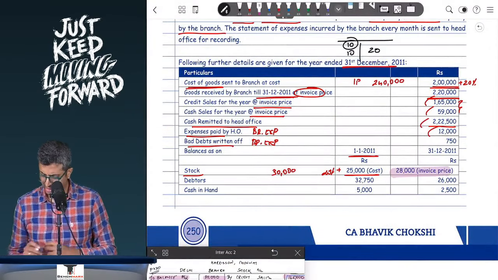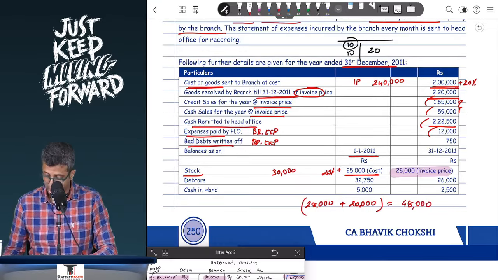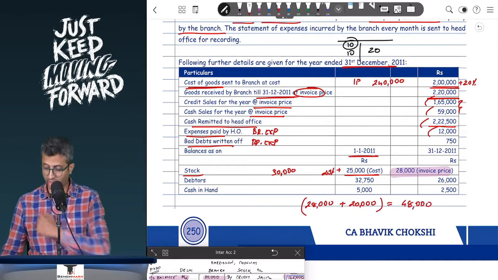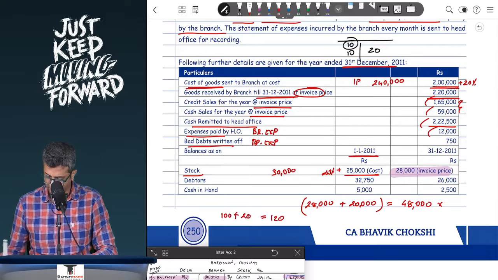Closing is at 28,000. Now if I have to find the unrealized, 28,000 is the stock in hand, plus there is 20,000 in transit. So maybe there is a stock worth 48,000. So the closing balance will be stock worth 48,000. Okay, so if cost is 100 plus 20 and this comes to 120.